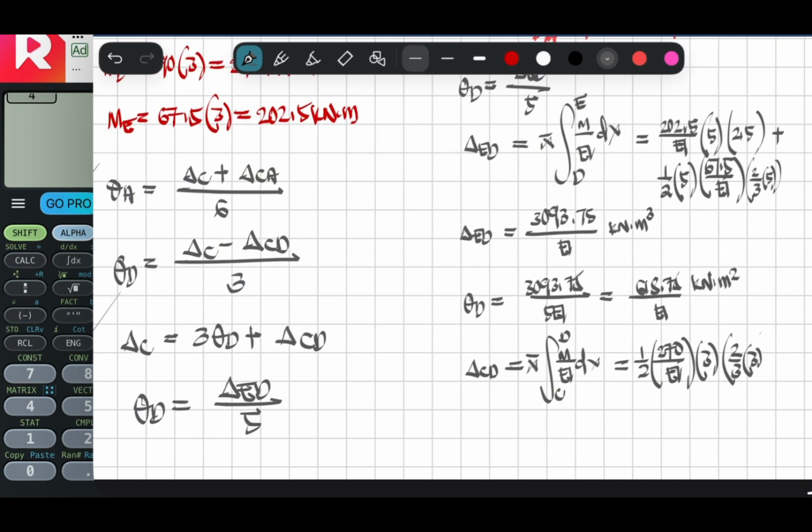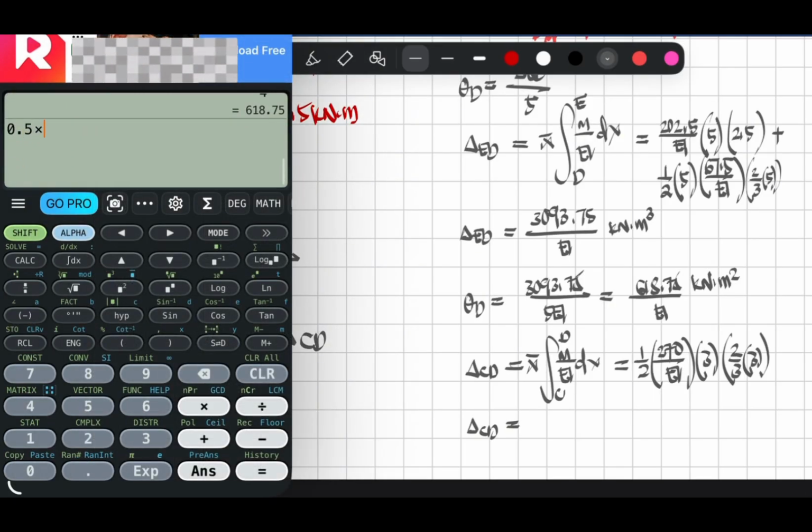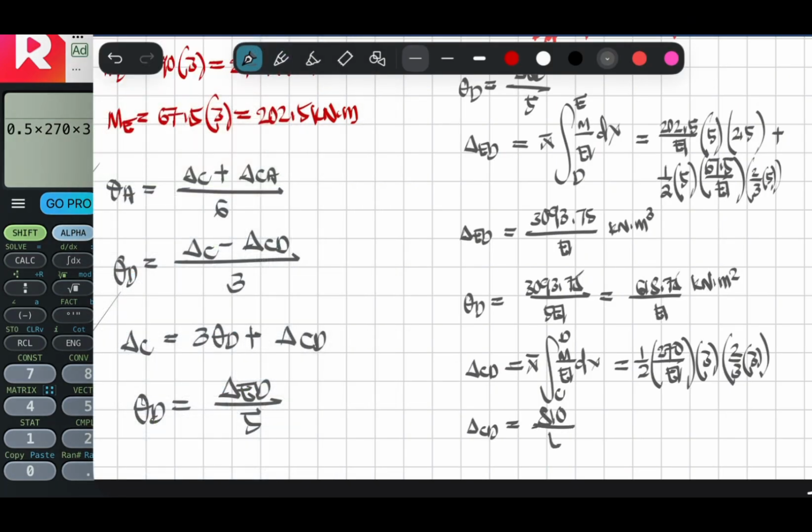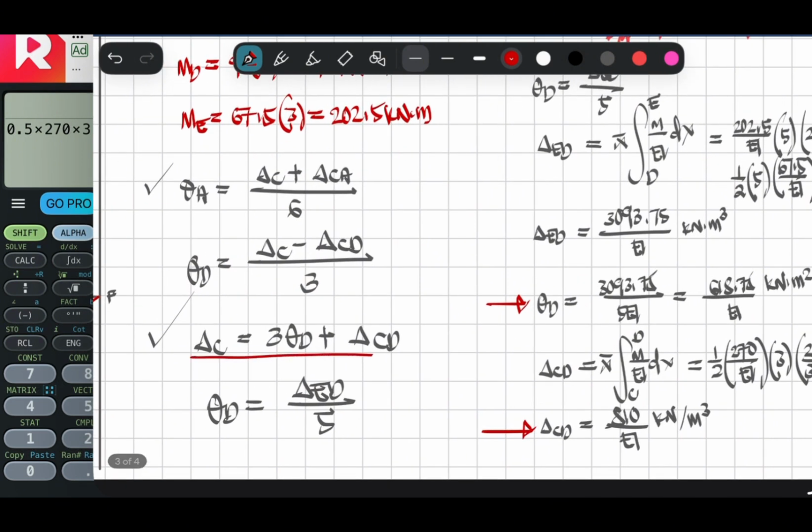Delta CD is equal to 0.5 times 270 times 3 times 2, which is 810 over EI, kilonewton meter cube. Now we substitute theta D and delta CD into the equation to solve delta C.